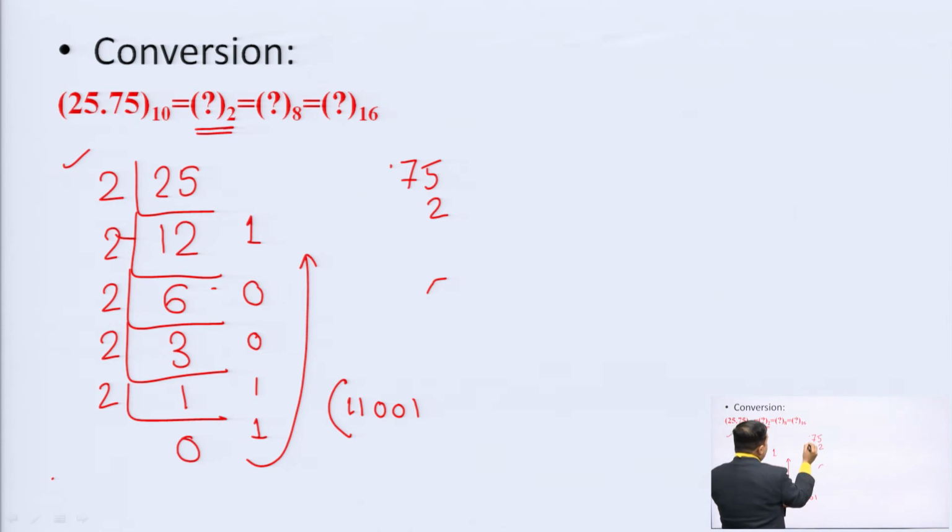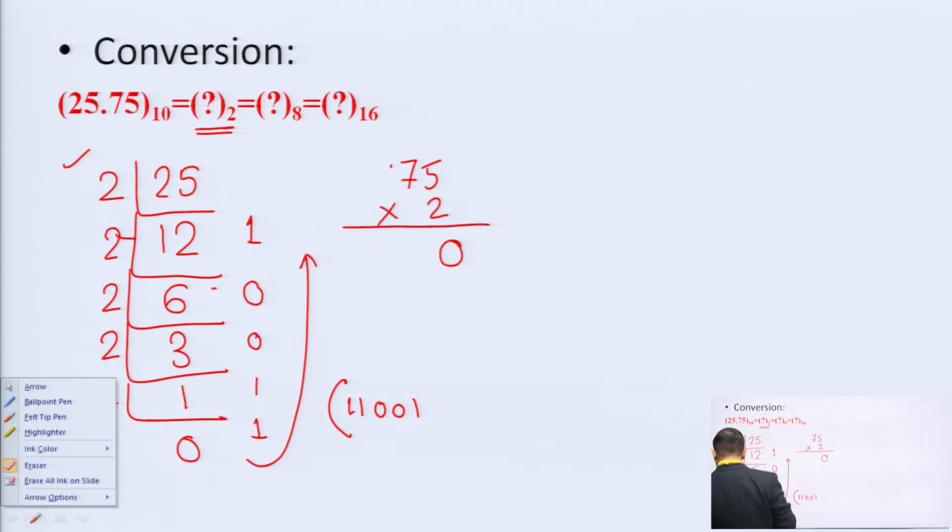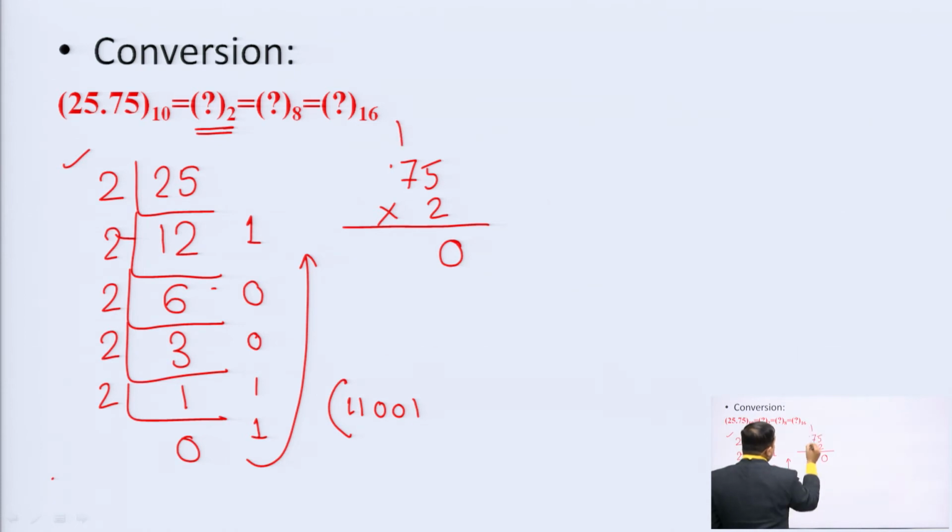That gives 1.5, so this is the integer part. Now we will continue the multiplication with the remaining fractional part.